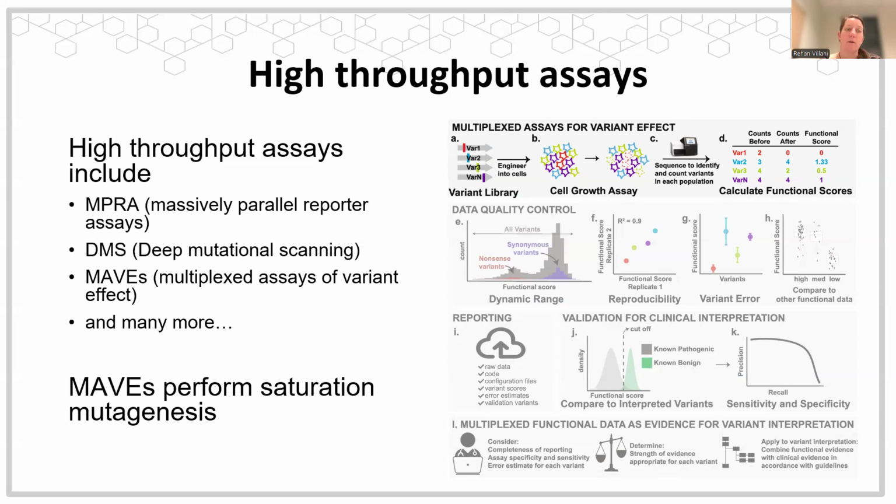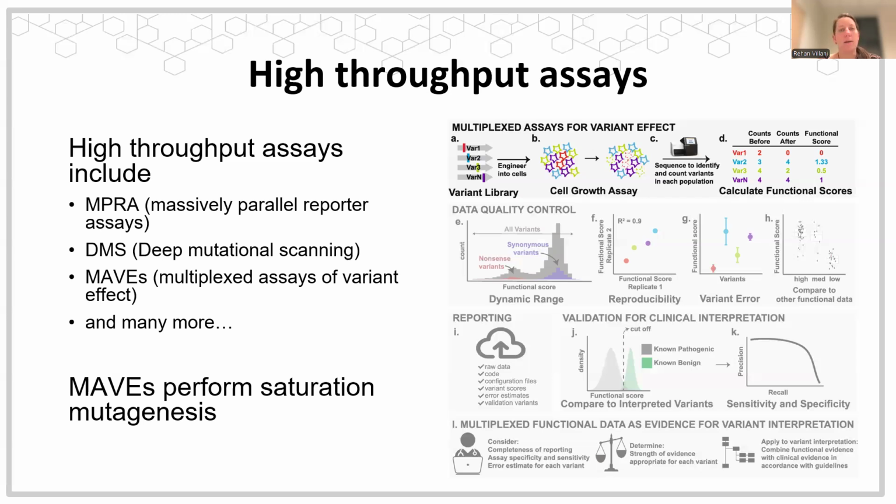There are massively parallel reporter assays, deep mutational scanning, and MAVEs, which are multiplex assays of variant effect. MAVEs perform saturation mutagenesis. In other words, they look at the impact of every single variant within a particular genomic region. But the benefits of high throughput assays are similar across all of these, because you can look across the population of variants you're investigating to assess the predictive power of that assay.